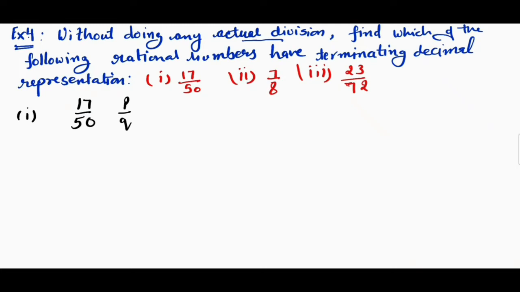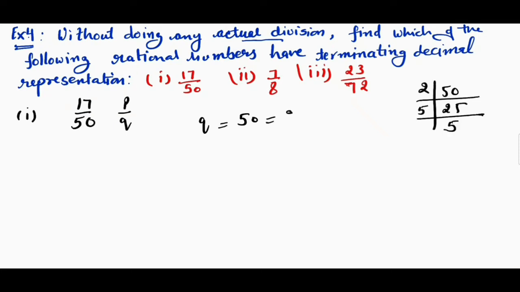So first condition is satisfied, and second condition we have to check whether denominator, here denominator means Q is equal to 50. So here we'll find the factors of 50 like this.